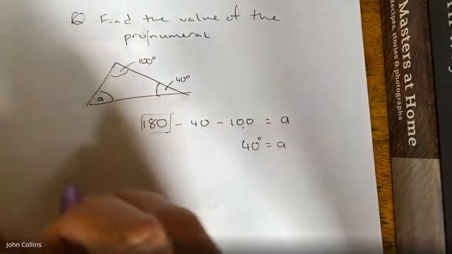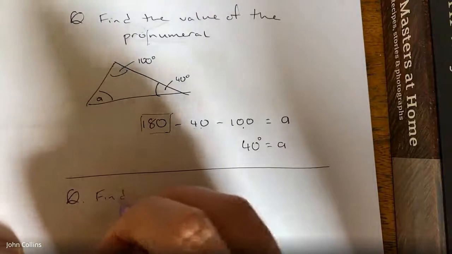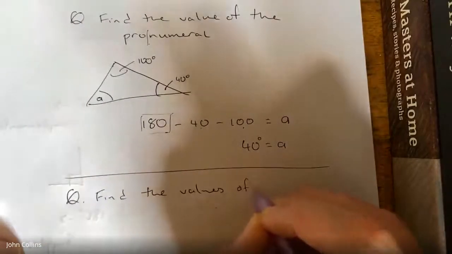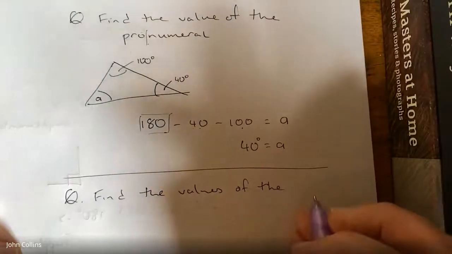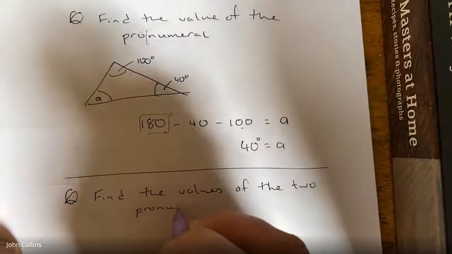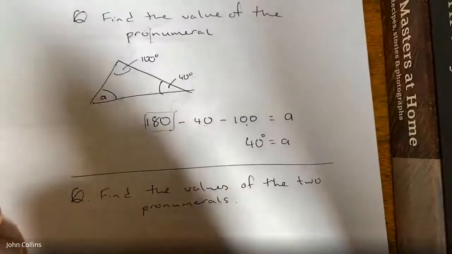Let's do a second example question, maybe slightly more difficult. So this time there's going to be 2 unknowns.